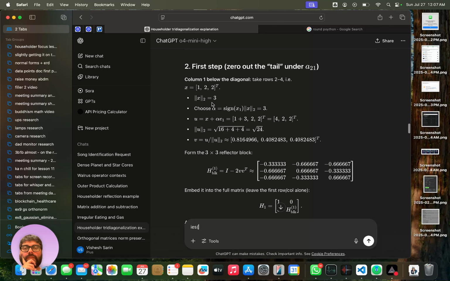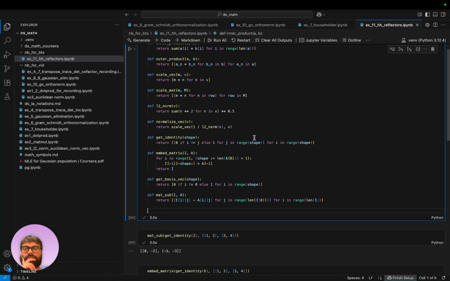Okay. X equal, okay, normalization. Sorry, the norm of the vector, got it. Alpha, that we can do very quickly in code with what we have, because we have the scale. Well, we have the L2 norm, and then we have the getting of the basis vector. Do we have a vector sum?